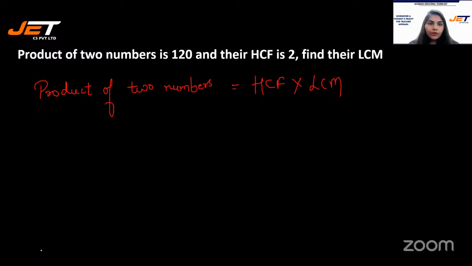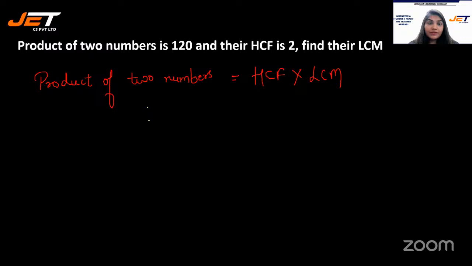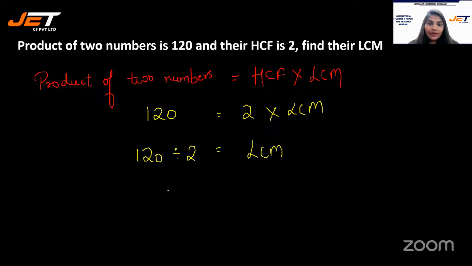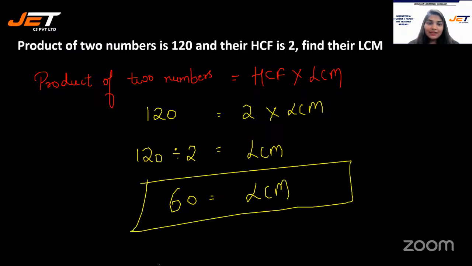So here the product of two numbers is 120, HCF is 2, LCM we don't know. So 120 divided by 2 is the LCM. LCM is 60.